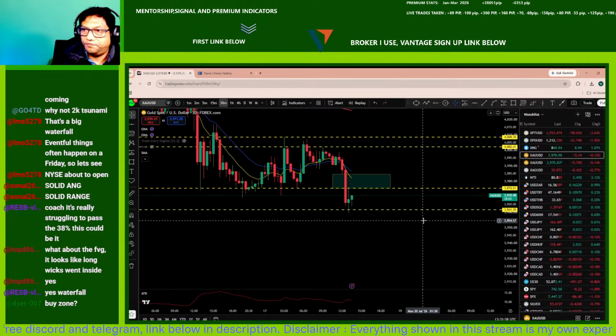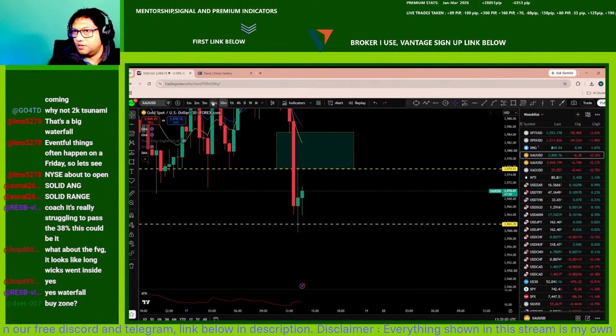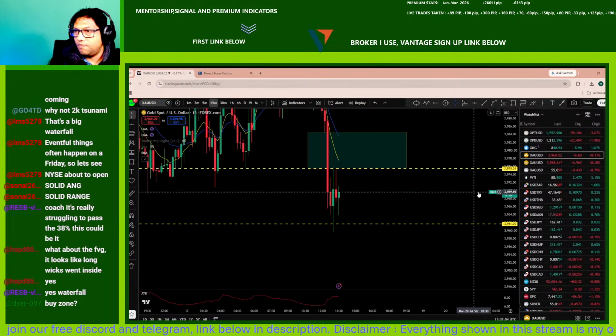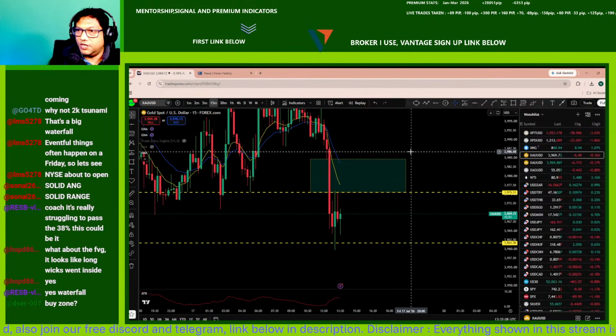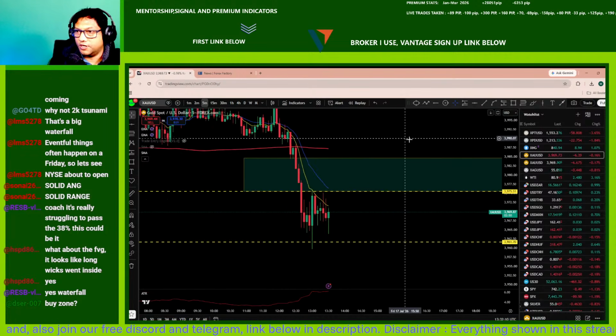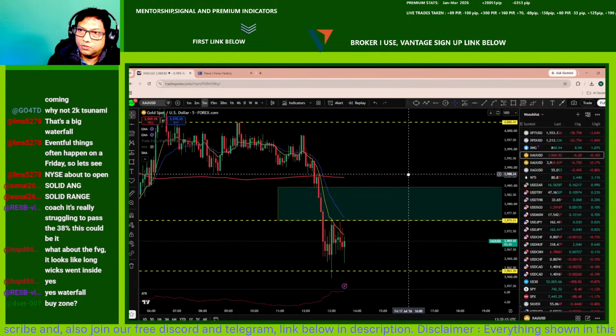Buy zone. Still, it's going to be counter trend then. We looked at here from the daily support breaks, so the market is now in a sharp downtrend.